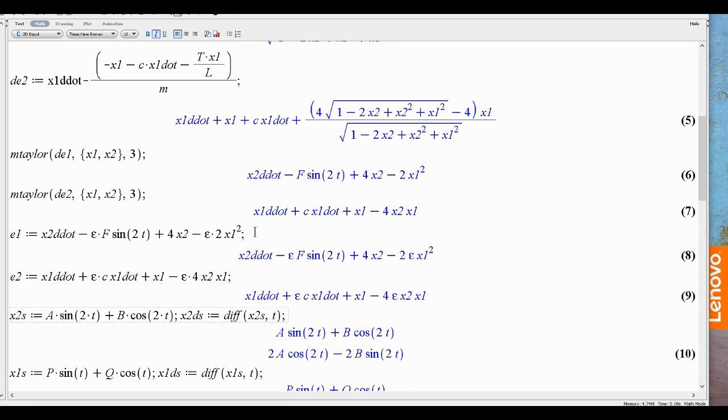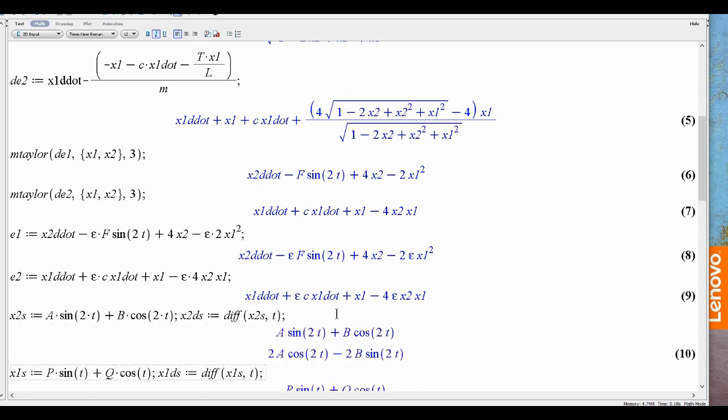Okay, now when I put epsilon equal to 0, what do I get? I have x2 double dot plus 4x2 equals 0. That means x2 is a sine 2t plus b cos 2t. That is why I am coming here and saying x2 solution a sine 2t plus b cos 2t, and the x2 dot solution is the time derivative of that.